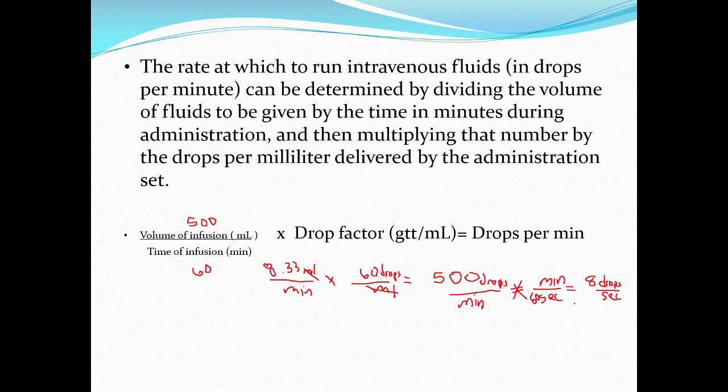Okay, so probably what we would actually want to do is do 8.33 times 15, a bigger drop set. That is going to give us 125 drops per minute. 125 over the minute, okay?